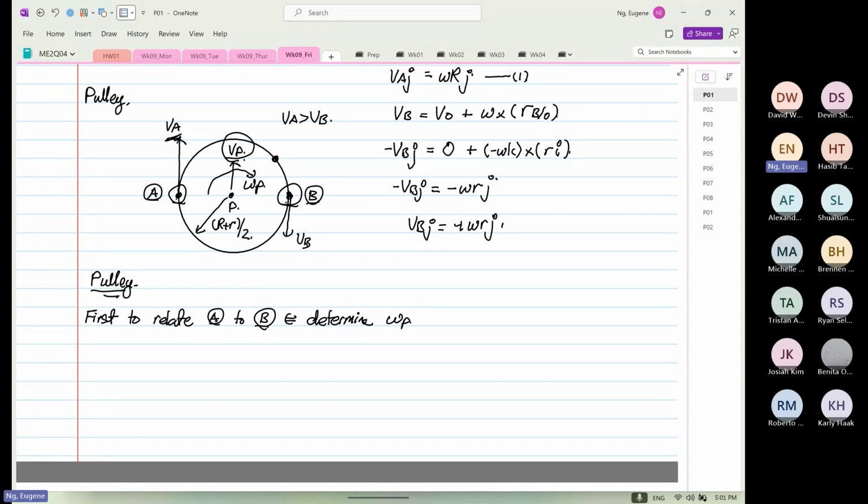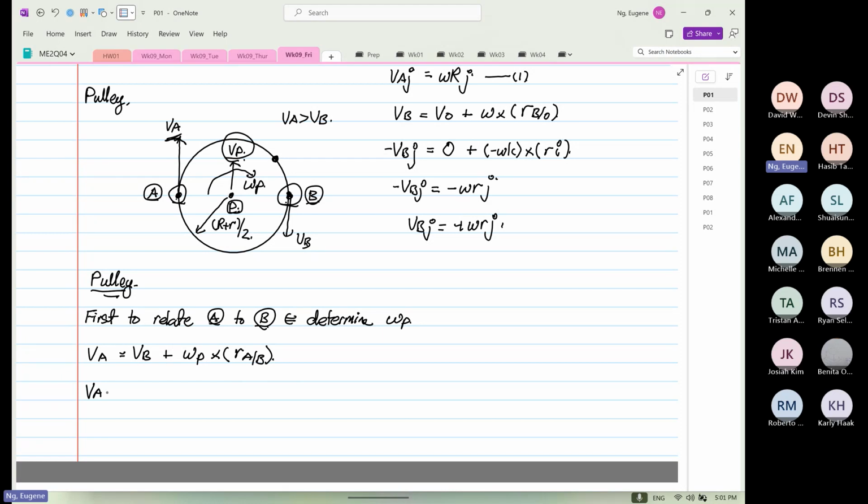If we decide to find VP, if we decide to look at point P first, we cannot determine our omega P. So I'm going to write down VA is equal to VB plus omega P cross RB or RA from point B.